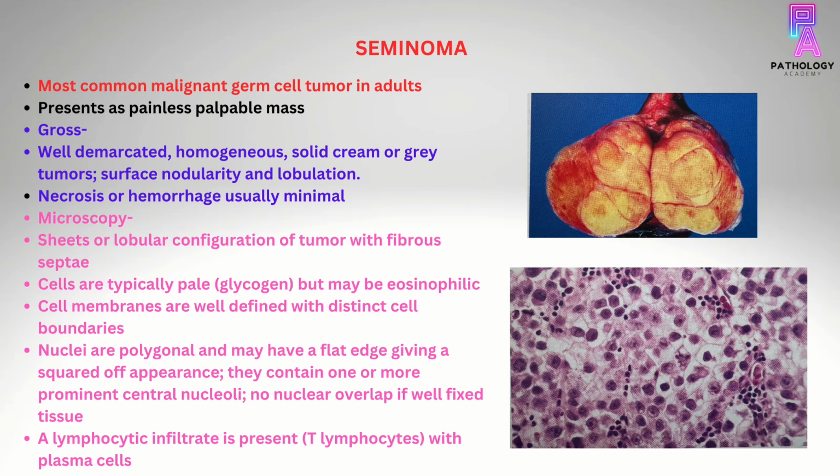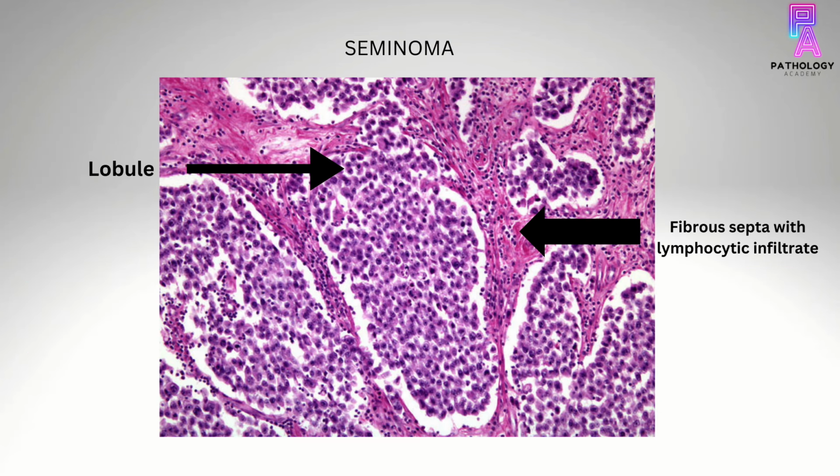Grossly, the seminoma is a homogeneous solid cream or gray colored tumor with surface nodularity and lobulation. Necrosis or hemorrhage is usually very minimal in these. The microscopic appearance, well, seminoma is composed of lobules of neoplastic cells which are pale or clear due to presence of glycogen.